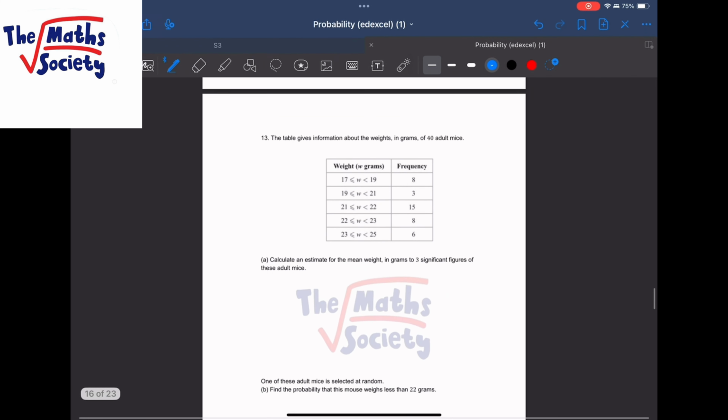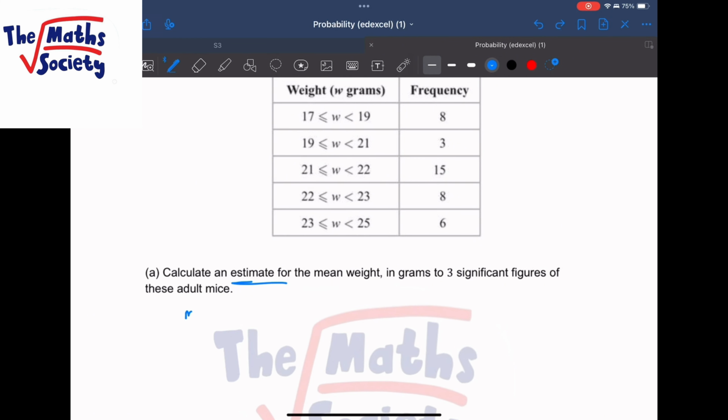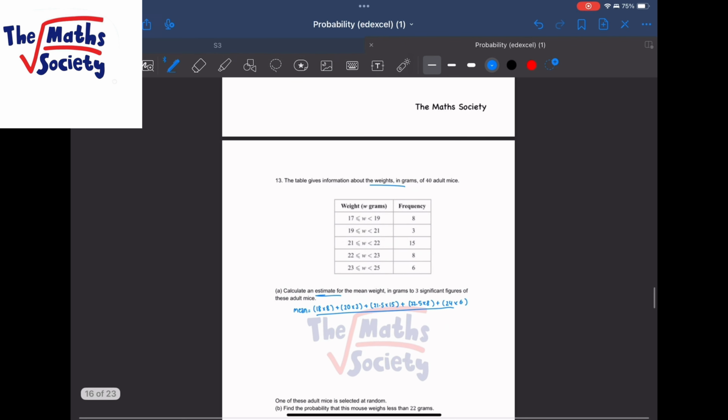And then we move on to question number 13. It says that the table gives information on the weights in grams. Estimate the mean. So we need to find the mean and multiply them again. So the mean should be equal to 18 multiplied by 8, plus 20 multiplied by 3, plus 21.5 multiplied by 15, plus 22.5 multiplied by 8, plus 24 multiplied by 6, and that is divided by the total of 40.